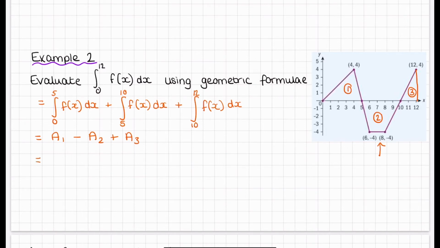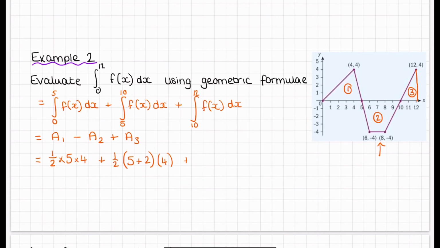If we work that out, for the area of the first, we've got a triangle, so it's half, the base is 5, times the height, which is 4. The area of a trapezium is half times the base, which is from 5 to 10, so that's a length of 5, plus the length of the top of the trapezium, which is 2, multiplied by the height of the trapezium, which is 4.